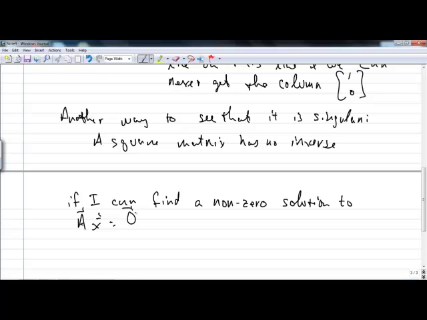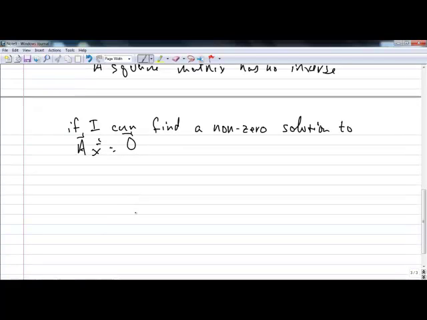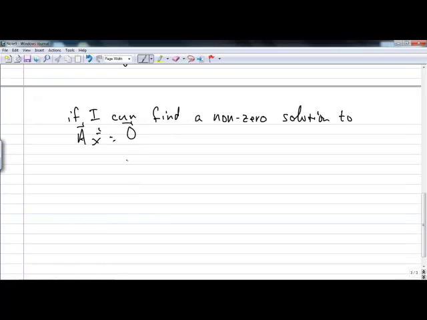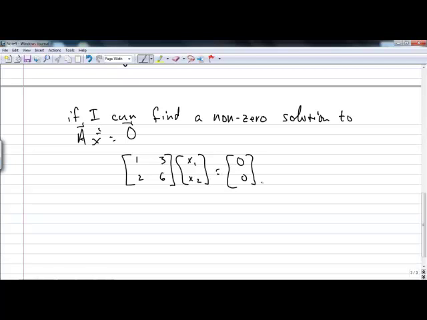if I can find a non-zero solution to the equation Ax equals 0, then the matrix has no inverse. It's singular. So in this case, we can find that if x equals 3, negative 1, that solves this equation, Ax equals 0.